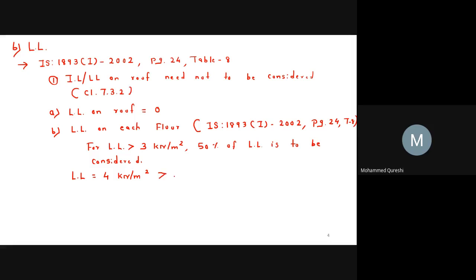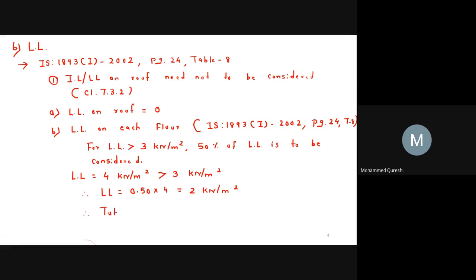So 4 is greater than 3 kilonewton per meter square, so we have to consider 50% of the live load. So your live load will be equal to 0.50 into 4, which will be equal to 2 kilonewton per meter square.